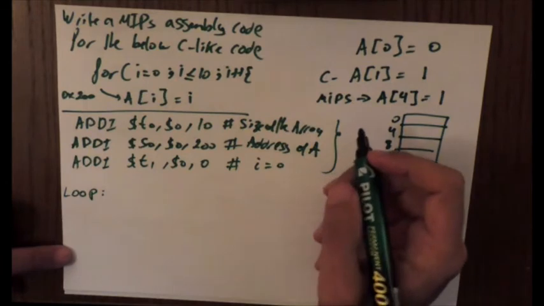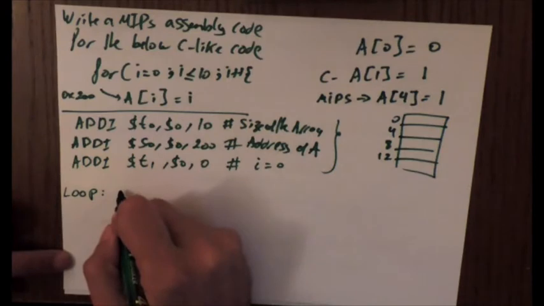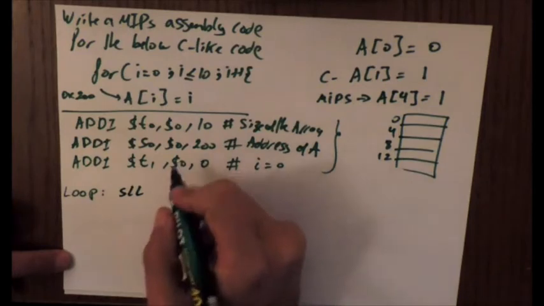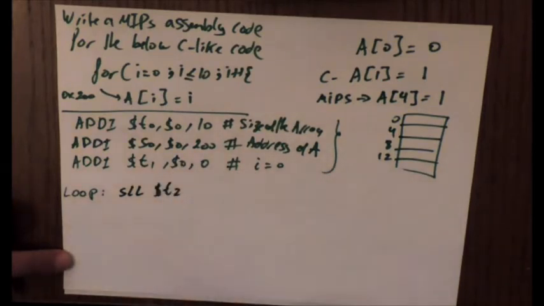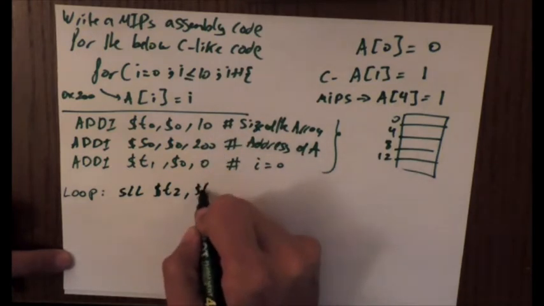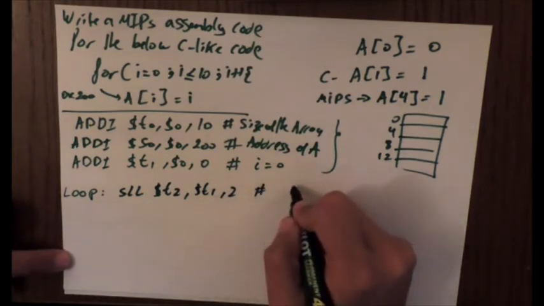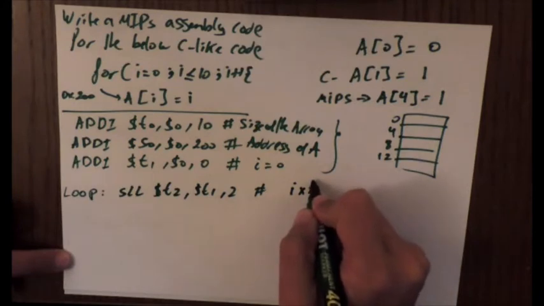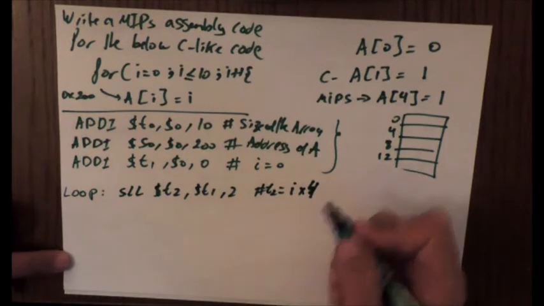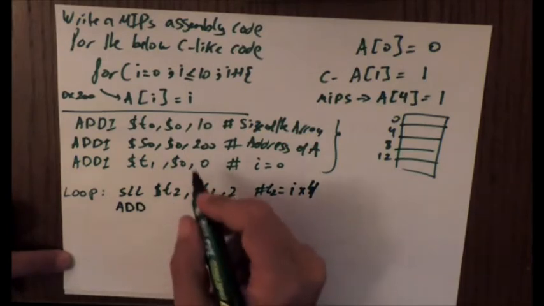So first I'm gonna do a shifting instruction. This will become apparent later why I did this. Shift left logical. So I'm gonna say sll $t2, and where is my index? This is $t2, $t1, comma 2. So this is just saying that I'm having i times 4 inside of $t2, and then I'm gonna add this value to $s0.